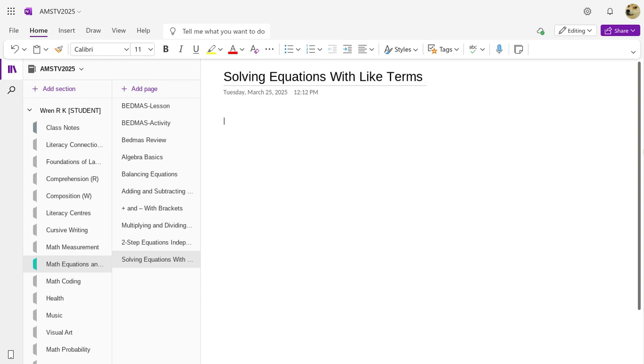That's our solution. And let's check that by plugging in negative 7 for A. So we have 29 equals negative 4 times negative 7 minus 6 plus 7. So let's multiply first. Negative 4 times negative 7.